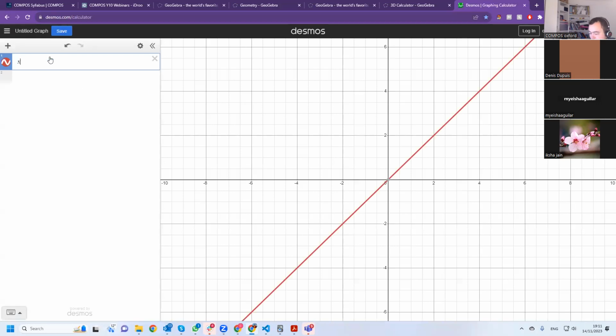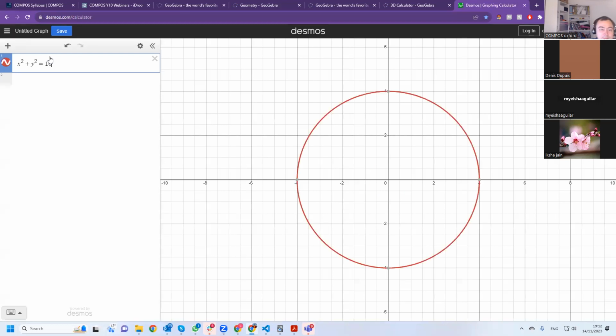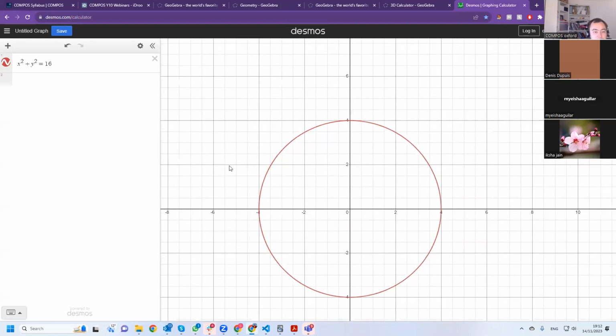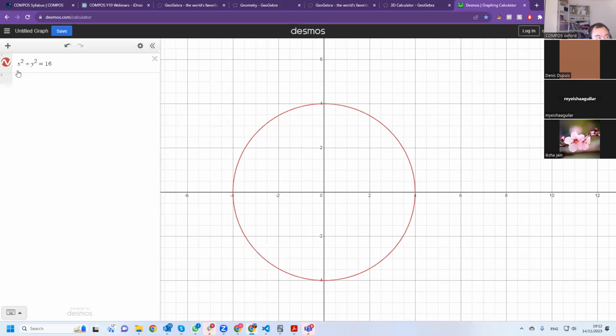So x squared plus y squared equals 16. It's a circle of radius 4. This is the equation of a circle.